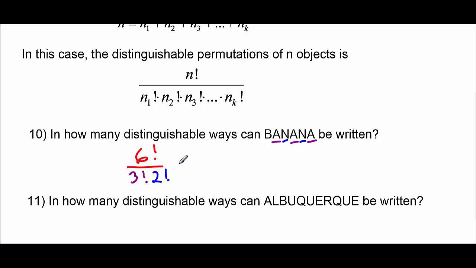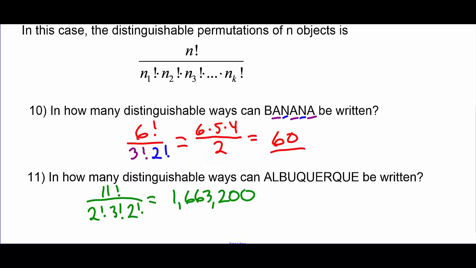That would cover the repetition of letters. Then we can simplify this. It's basically 4 times 5 times 6 divided by 2, which would be 60. So if you wrote the letters of the word banana in a different order, there'd be 60 ways you could do it. Why don't you guys do number 11 on your own?